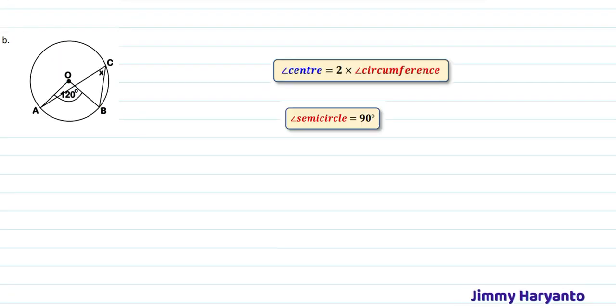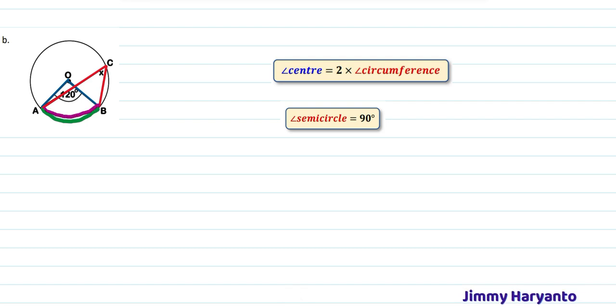Next, question B. For question B, we also have the angle at the center. It's facing the arc of AB, and then we have the angle at the circumference, this one, because it touches the circle, and it is also facing the arc of AB.